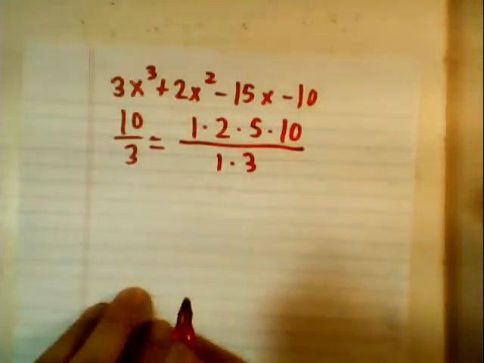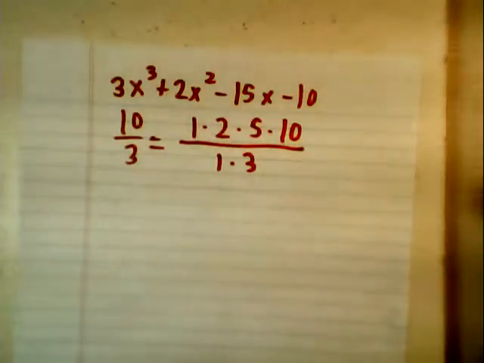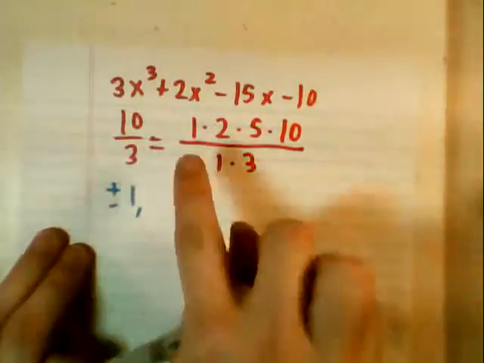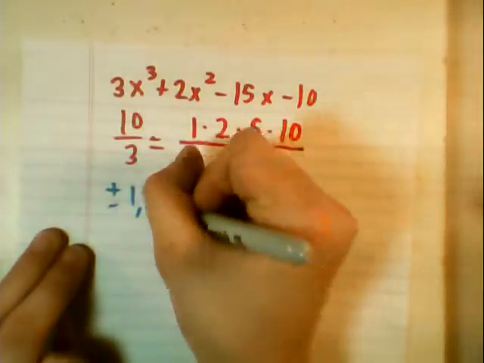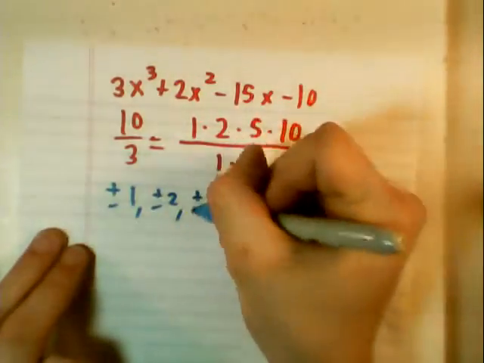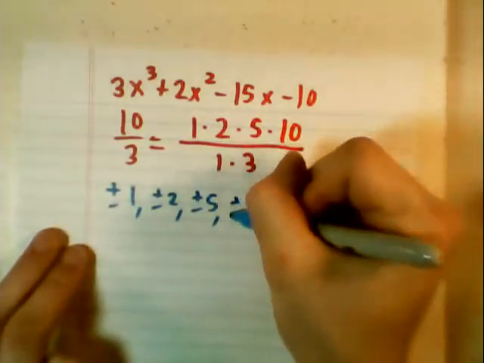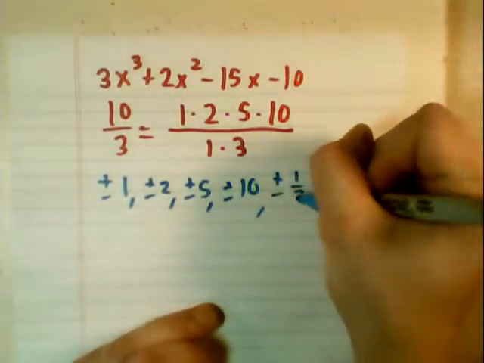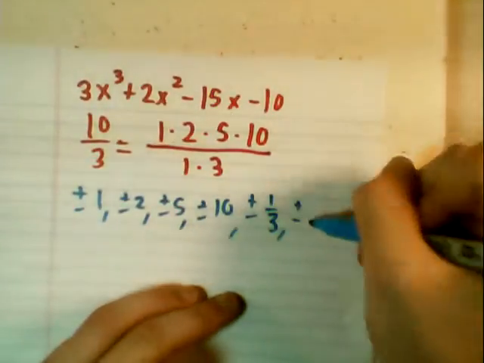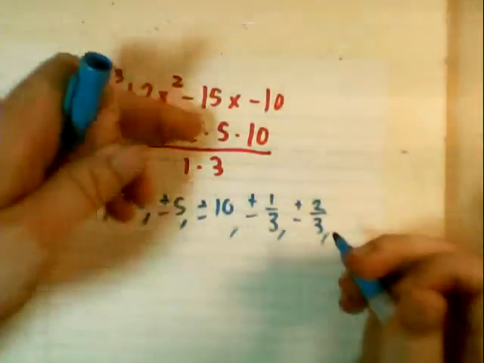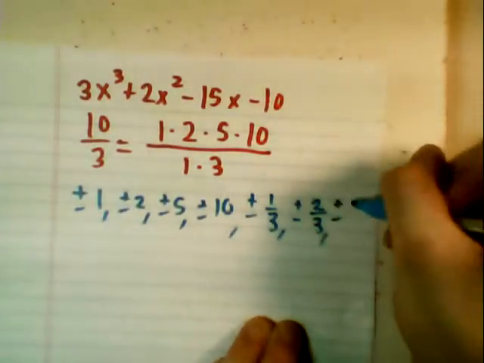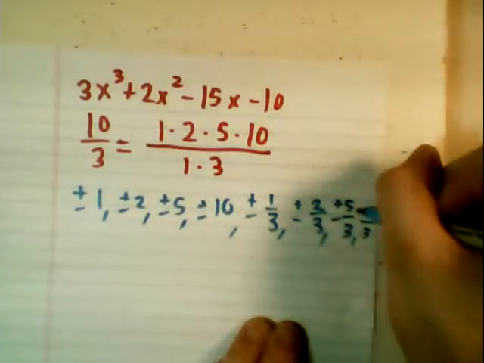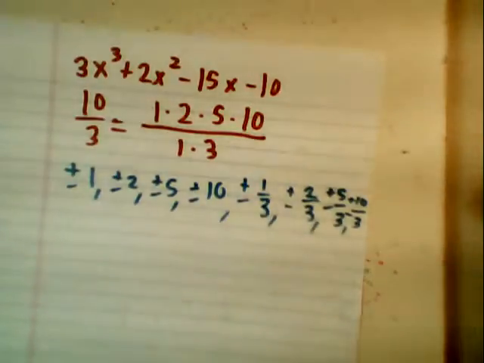So our actual possible rational zeros are plus minus 1 over 1, 1, 2 over 1, 2, 5 over 1, 5, 10 over 1, 10. Then we do it with the 3: 1 over 3, 1/3, 2 over 3, 2/3, 5 over 3, 5/3, and lastly 10 over 3, 10/3. And don't forget that each one could be a plus and a minus.